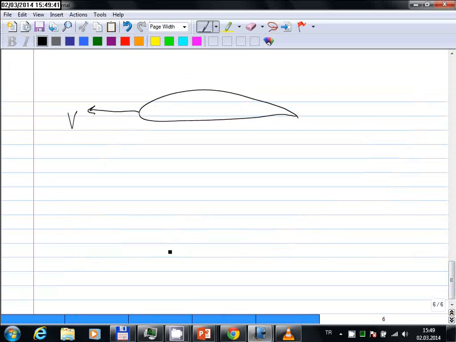Normally, as you see in this video, this wing, this airfoil, is moving through the air, right? Let me go back to the video again.